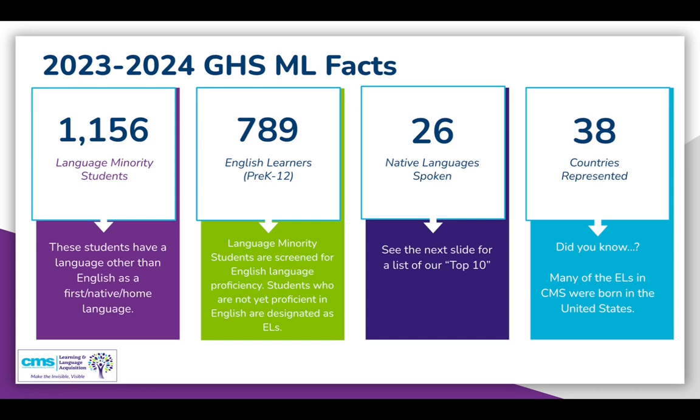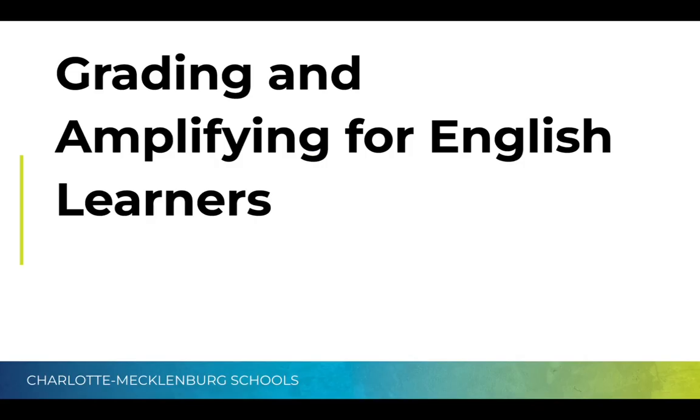With this high percentage, you likely do have ML students in your class, and therefore, this guidance should apply to just about everyone at Garinger. So, I am going to review grading and amplifying for English learners and how those two are connected.